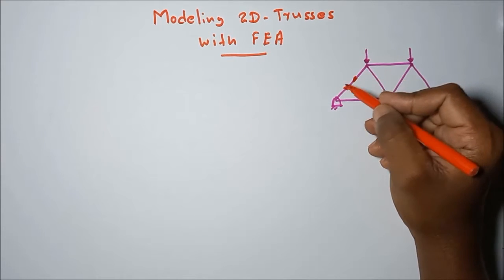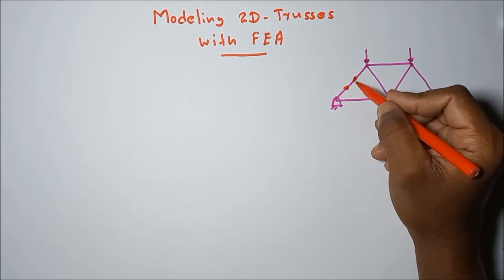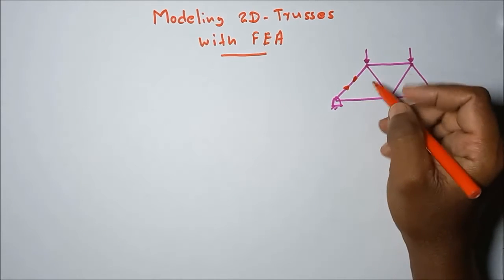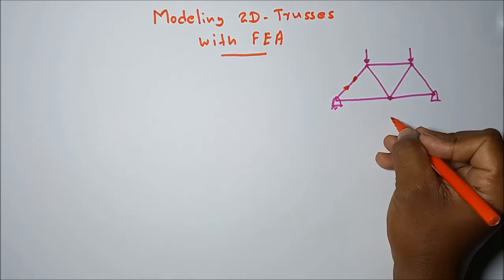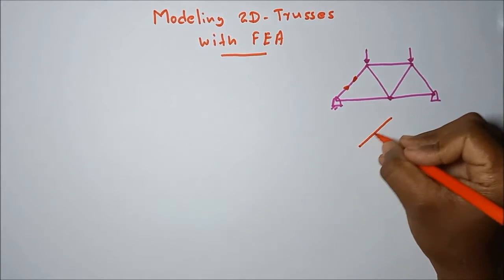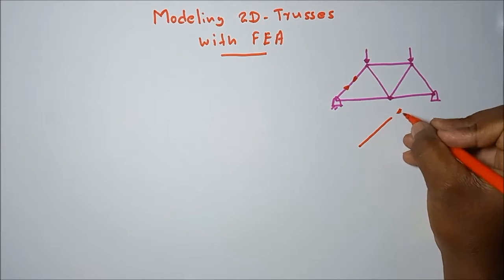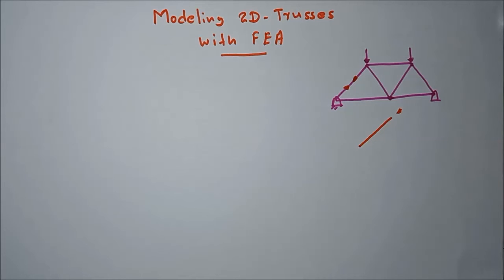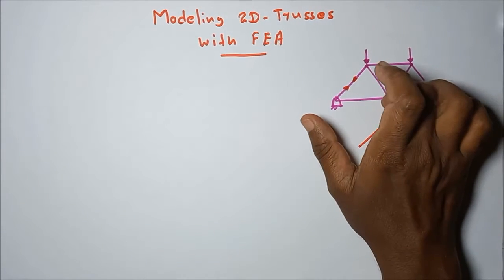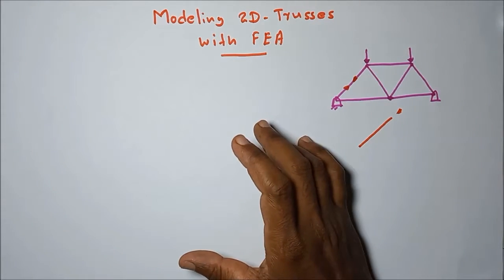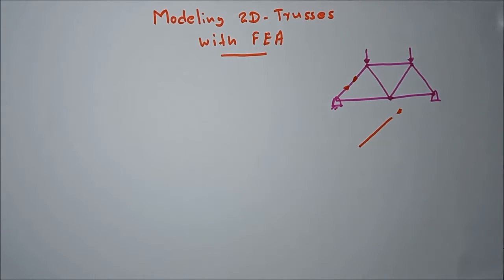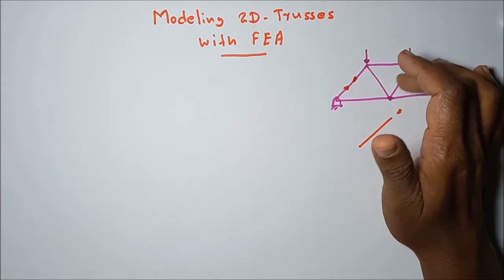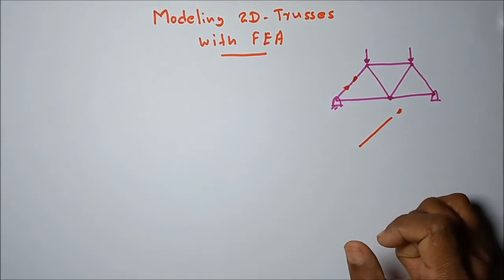If you take one certain beam element, there are no lateral forces. All the forces act in the axial direction; that is the property of the truss structure, and that is the way of designing it. In this lecture we are going to discuss how to model these two-dimensional trusses and how to solve this kind of truss problem using the finite element analysis method.